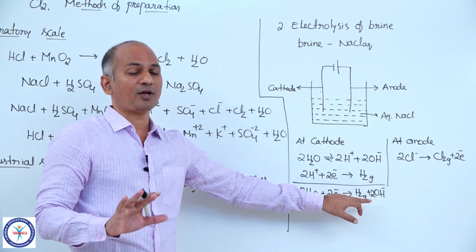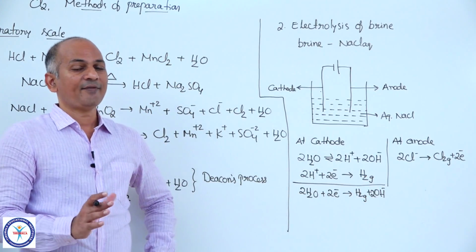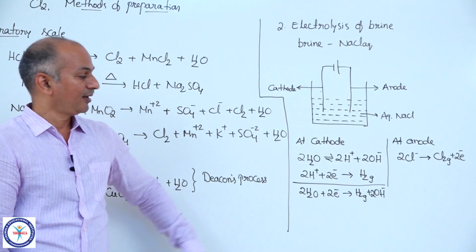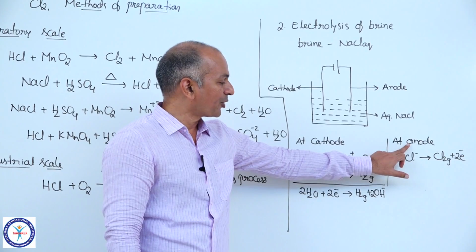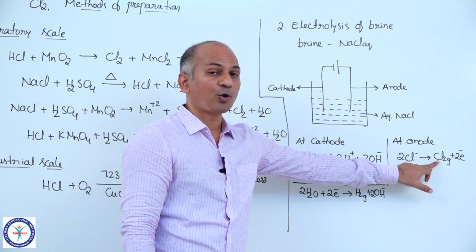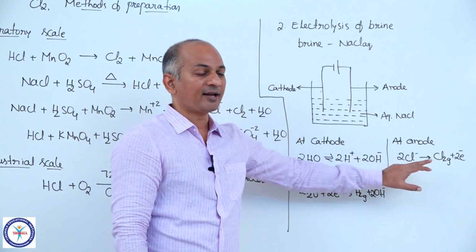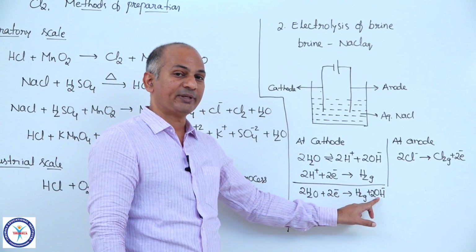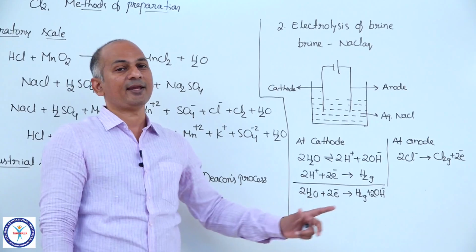For each mole of hydrogen gas liberated, there are 2 moles of OH minus left at the cathode. And if you see the anodic products, we are getting chlorine gas, and nothing is happening to Na plus and nothing is happening to OH minus. So the side product is NaOH.